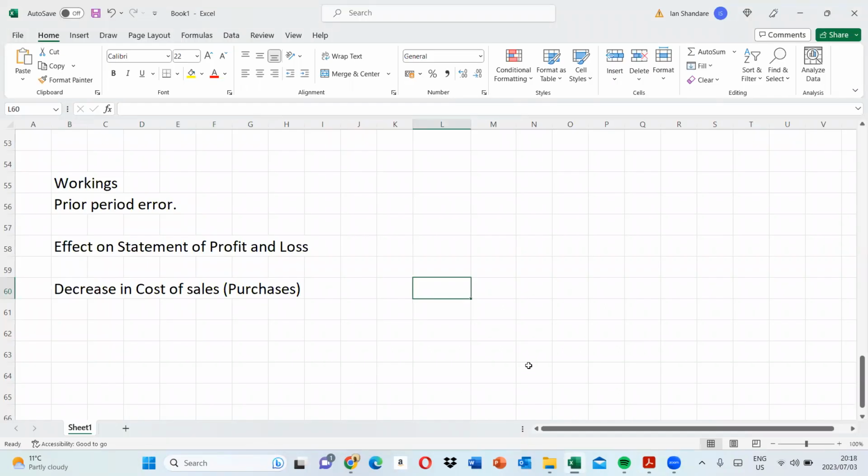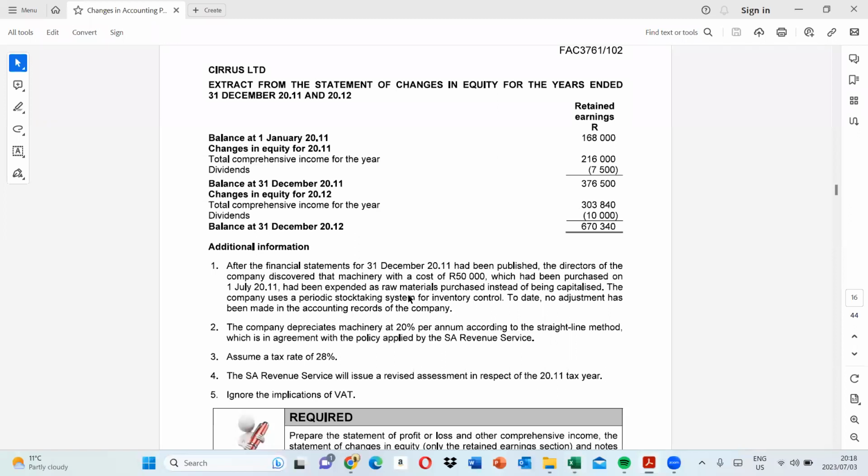So we're saying, let's reverse what you did. We're going to reduce our purchases with 50,000. And then what is the correct thing? The correct thing would be to record this machinery. So we're going to record the 50,000 under machinery.